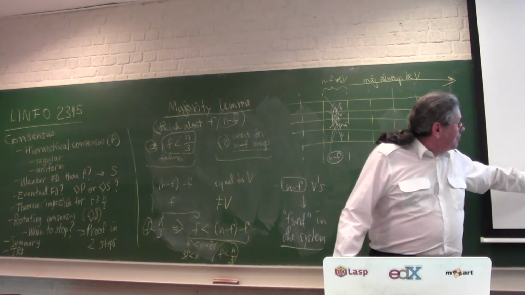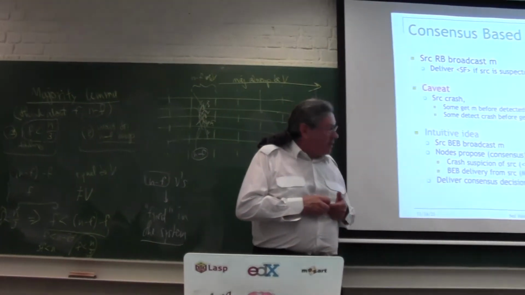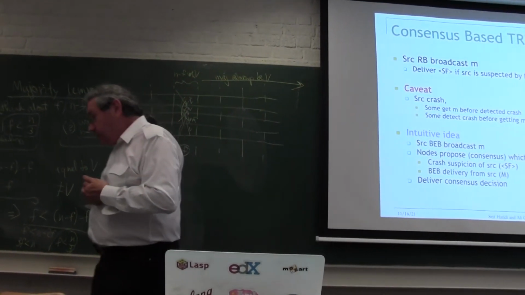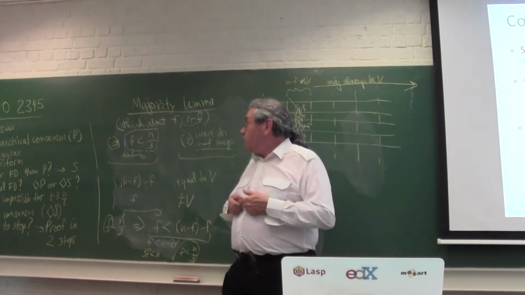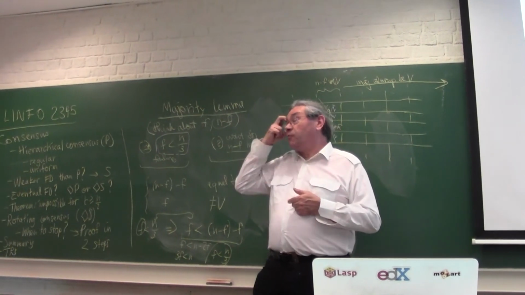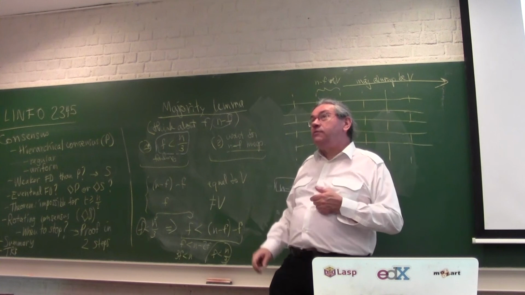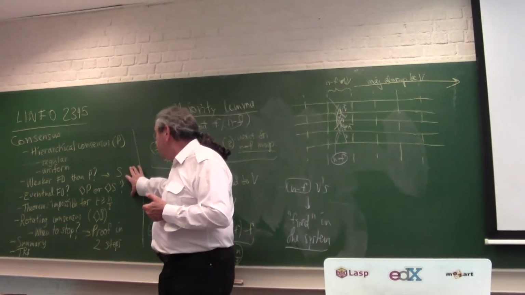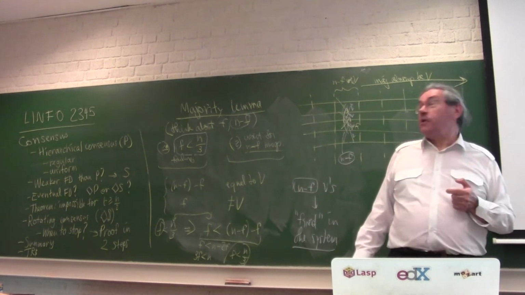So let me just finish today with a little bit of philosophy: consensus is, in some sense, what made today's distributed systems possible, okay? And it's not simple. It took serious work to come up with the consensus algorithms that work on the internet.